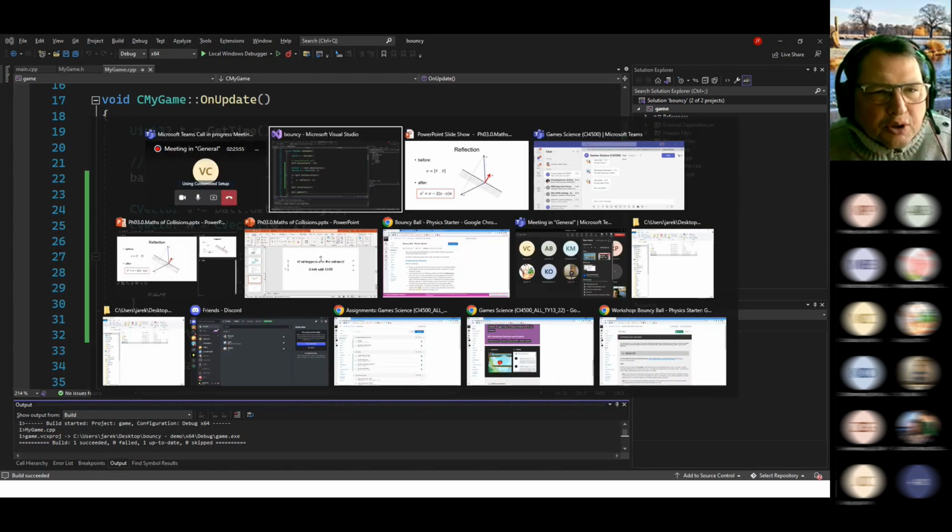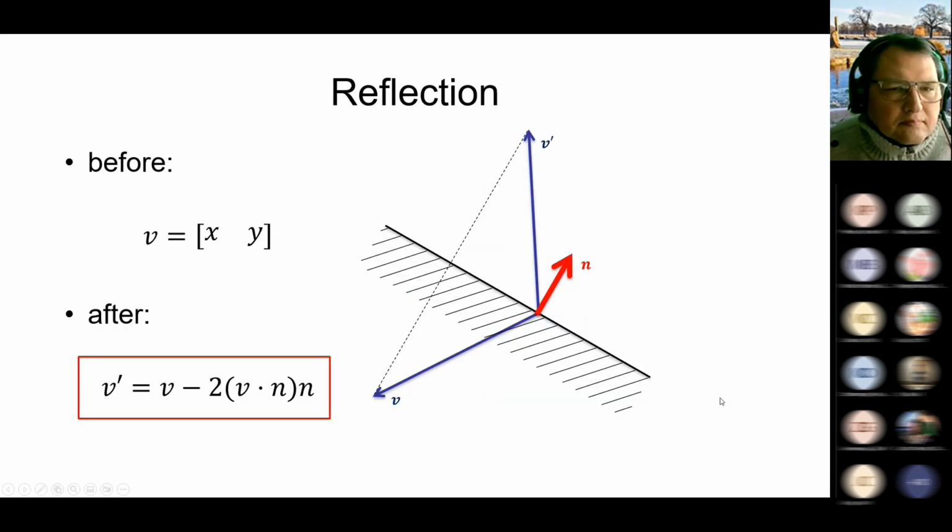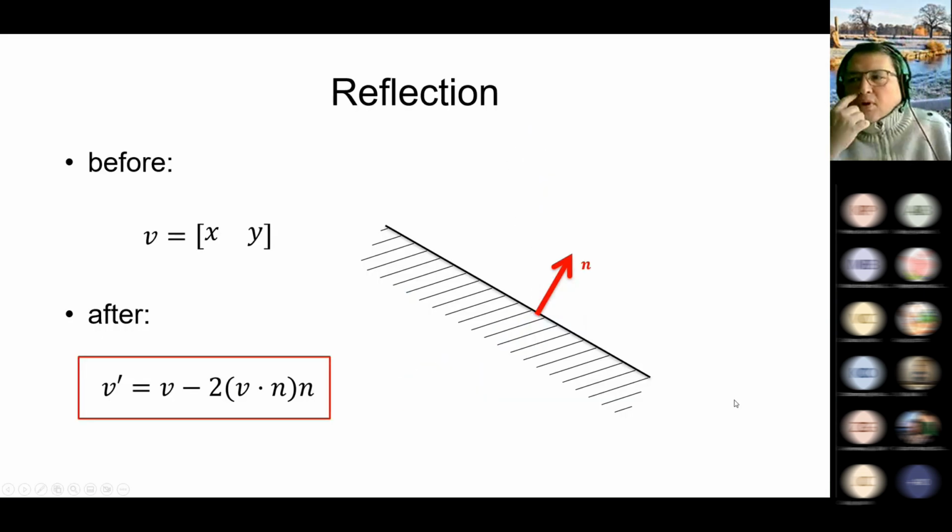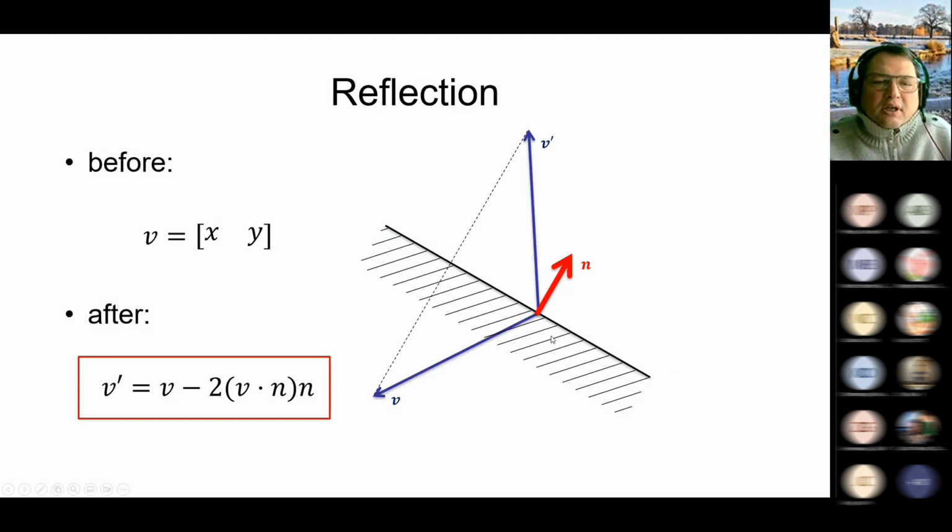Back to the presentation though. This was the ideal situation, okay? Ideal situation is with the velocity pointing towards the center of the wall, inside the wall. This means that the object is just bouncing off the wall. It has its velocity pointing towards the wall, and now it is going to go outside of this wall or away from the wall.